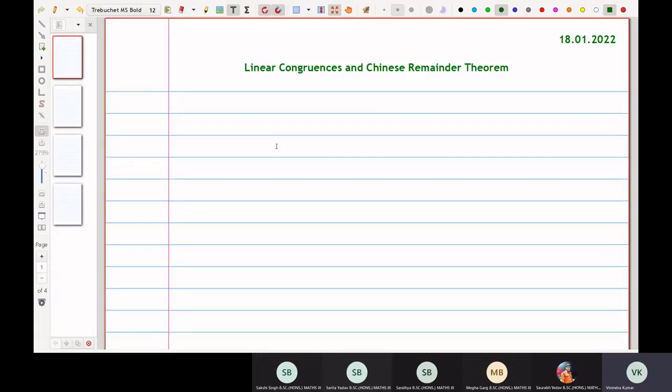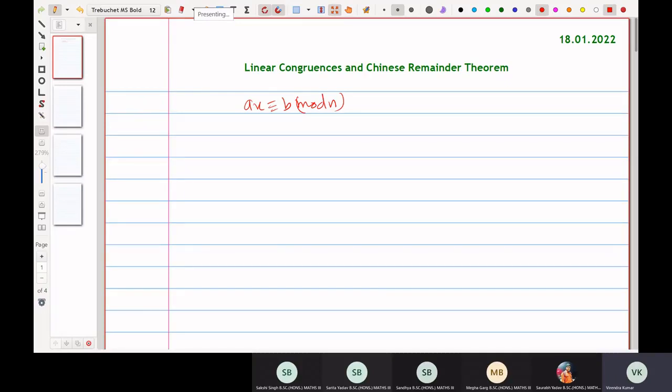Yesterday we were talking about the solution of a linear congruence. In fact, we came to know that if there is an equation of the form Ax is congruent to B modulo n, and it has some solution, how many solutions there are, and what they are.